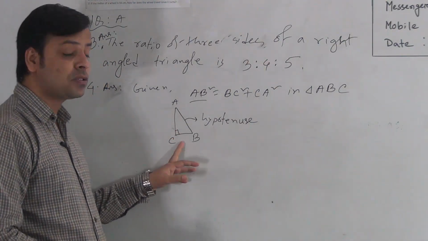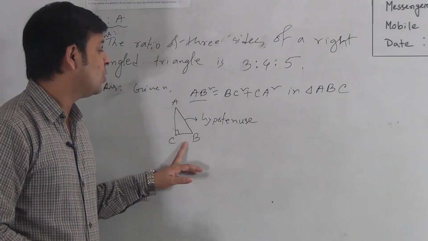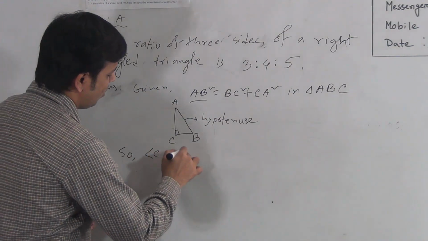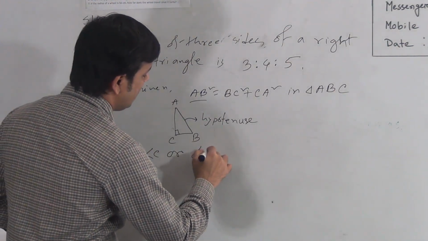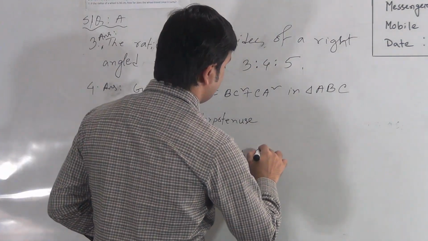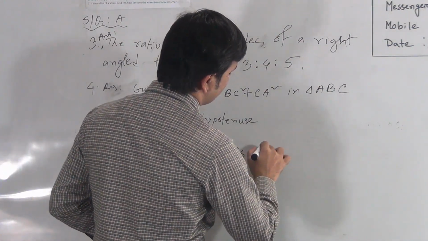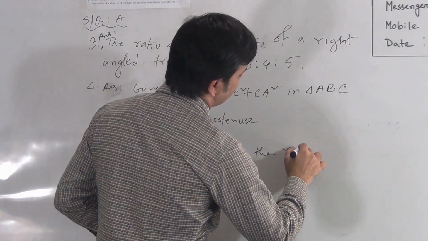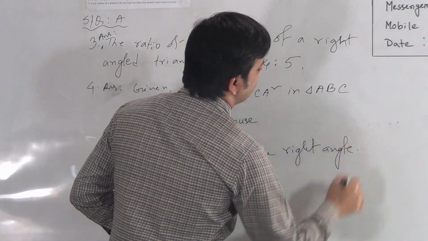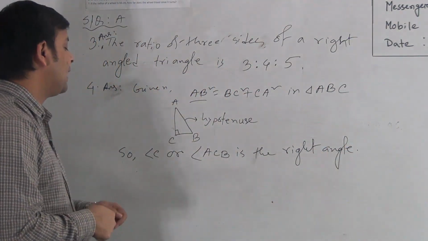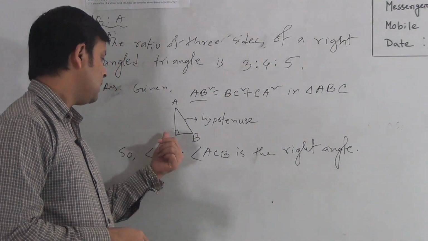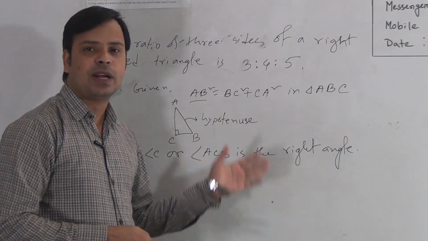So we can say angle C or angle ACB is the right angle. So our required angle is angle C or angle ACB. Angle C, it means that angle ACB is the right angle.